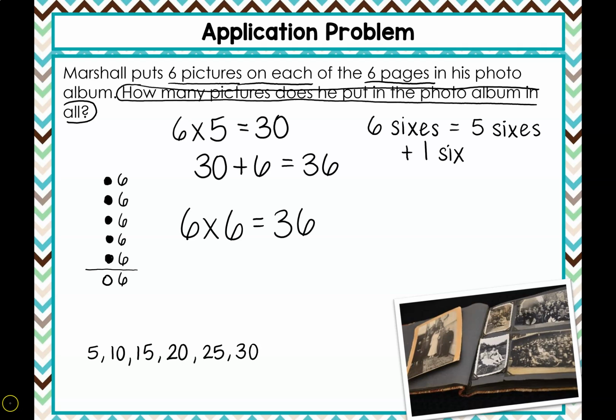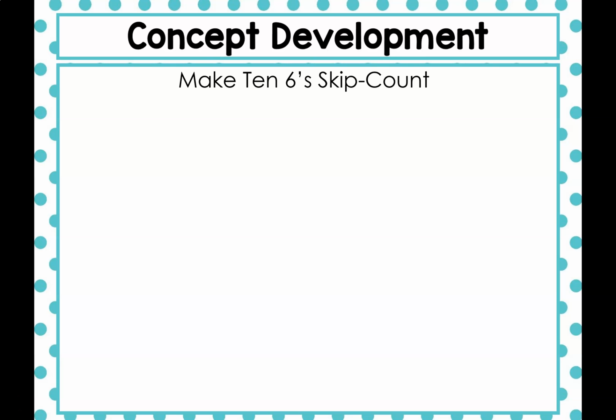Okay, let's move on. For the next part of our concept development, we're going to talk about a trick we can use when we skip count by 6s. We're going back to what we were talking about at the beginning with our making 10 strategy, and it's going to help us better understand how to skip count by 6s. An important thing to remember is when we're skip counting, we're just adding on that number each time.